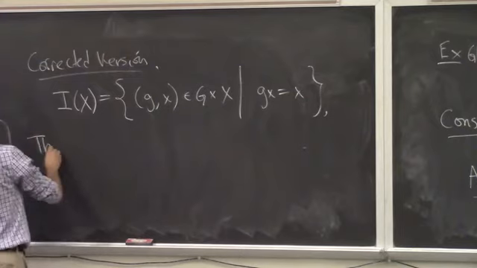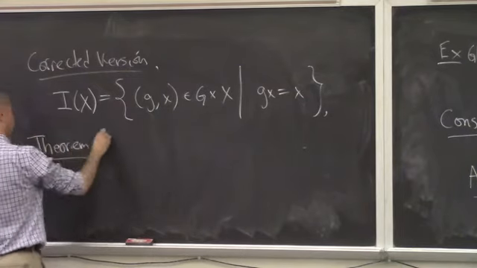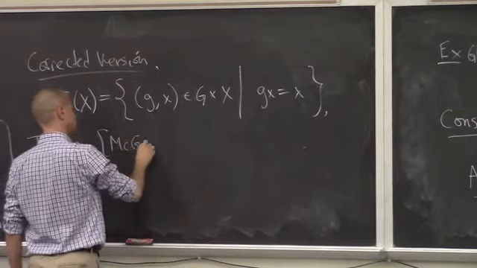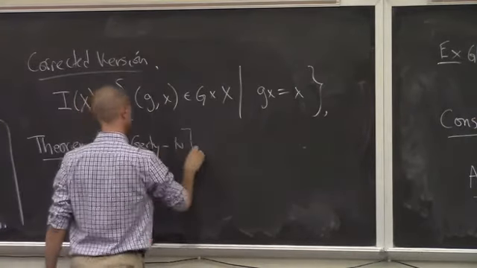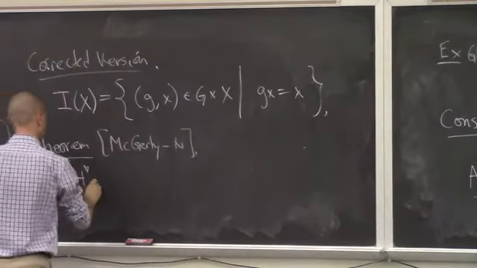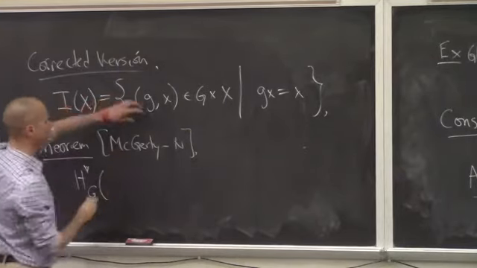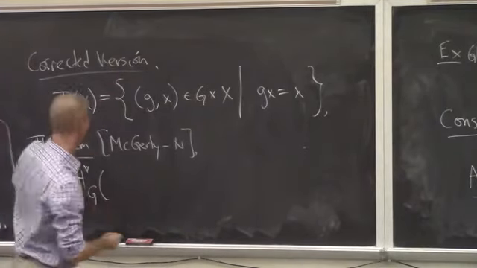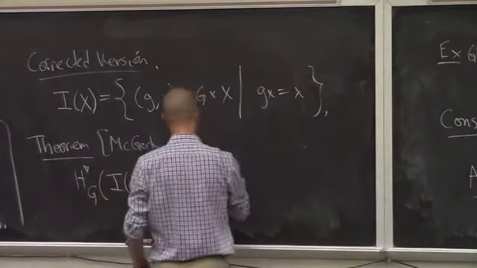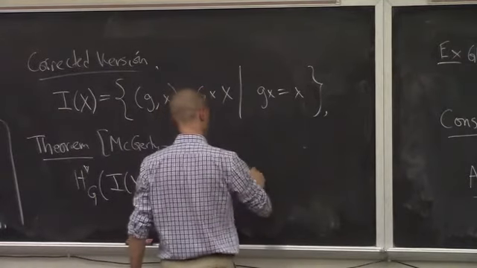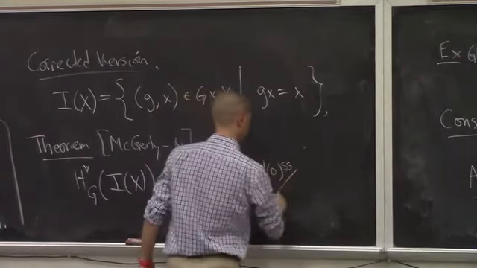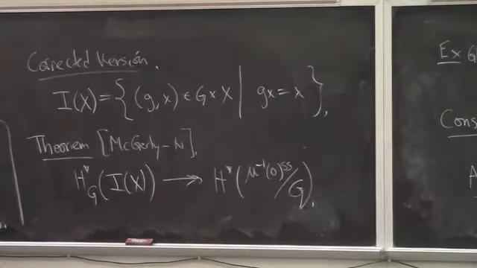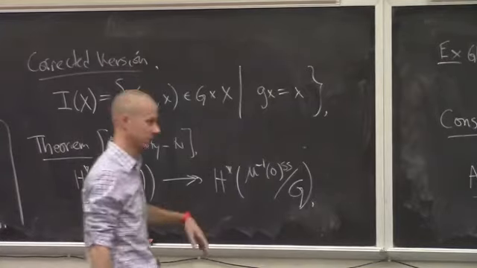Okay, and then the theorem is that the group acts here, and the equivariant cohomology of this space has a natural map to the cohomology of this hyperkahler quotient, or Hamiltonian reduction, and that surjects always.